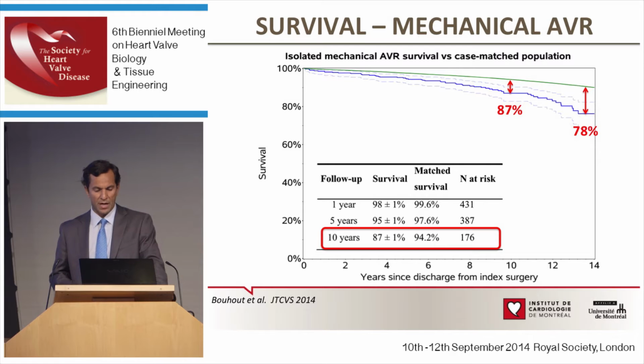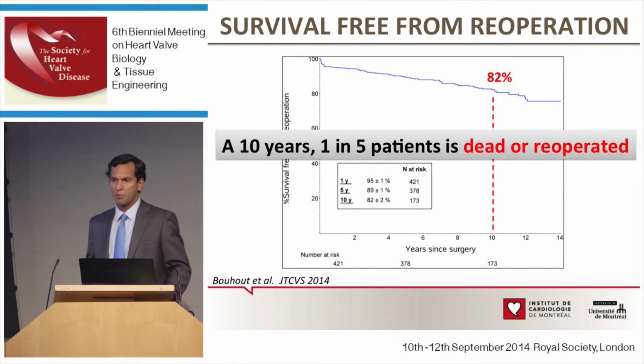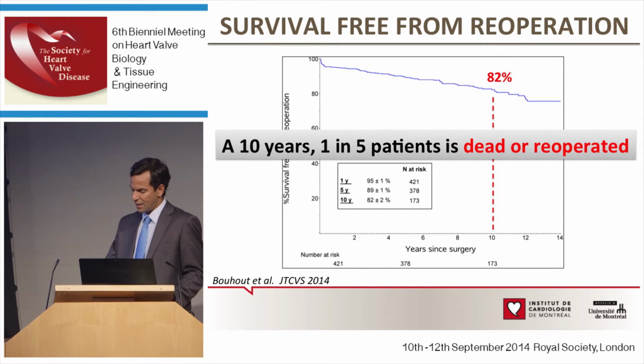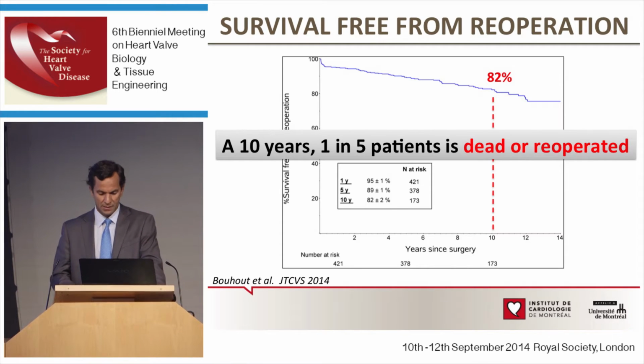And if we combine survival free from reoperation, i.e. the chances of still being alive and not having required a reoperation, at 10 years, survival free from reoperation was only 82%. That is, at 10 years, 1 in 5 patients was either dead or reoperated.